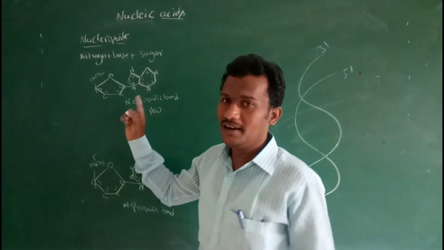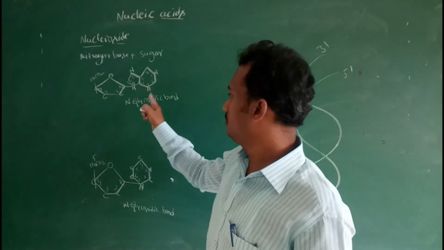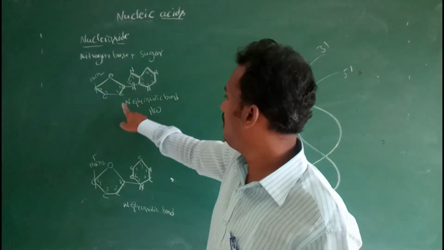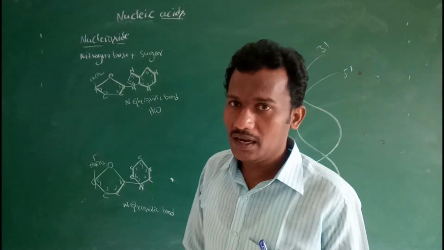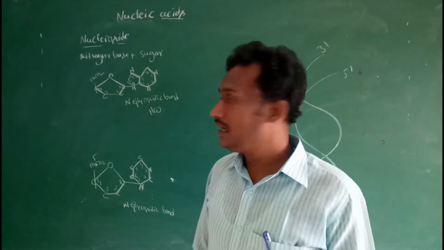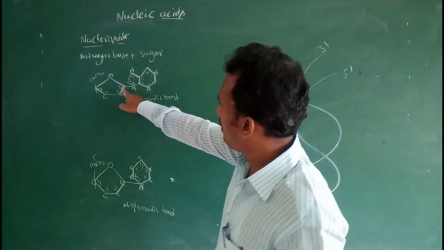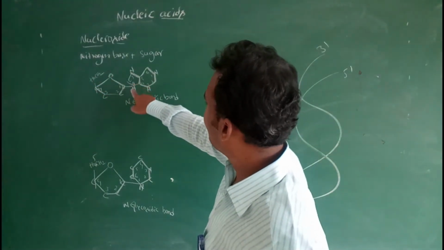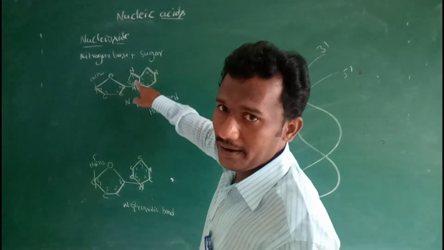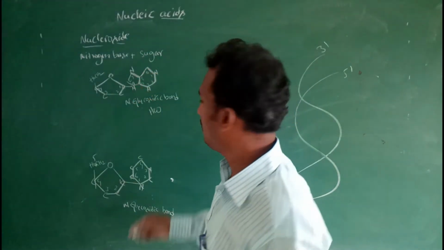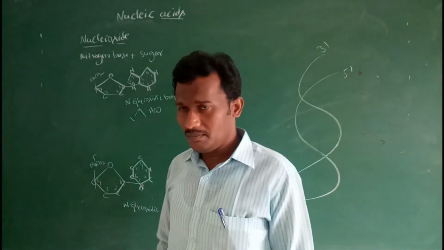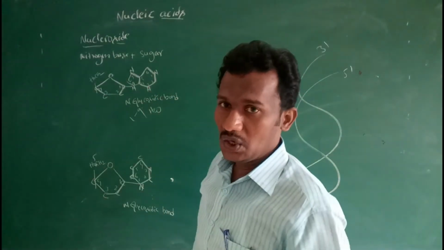So purines, adenine or guanine, are linked with pentose sugar by the elimination of water molecules through the N-glycosidic bond. The first carbon position of pentose sugar is linked with the 9th nitrogen position of adenine or guanine. That means for purines, the first carbon and 9th nitrogen position linkage is known as a nucleoside.